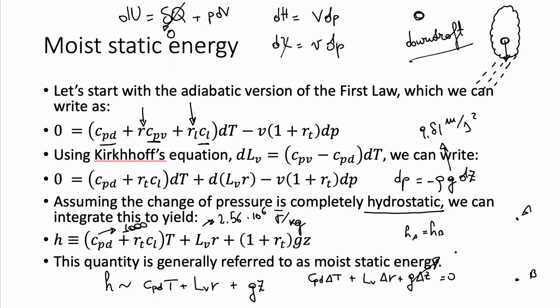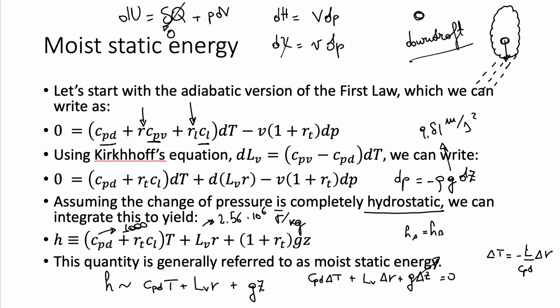So let's assume that actually A and B are at the same level. The parcel is not moving, it's just evaporating. How much is temperature changing? Well, let me write it here. I'm going to just make some space. Delta T is going to be equal to minus L over c_pd delta r.